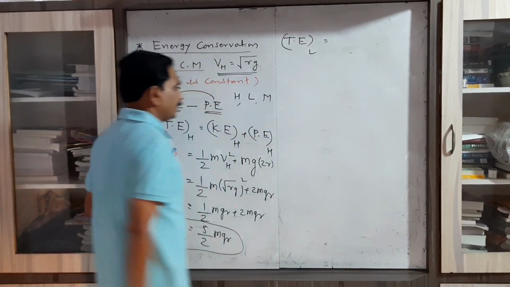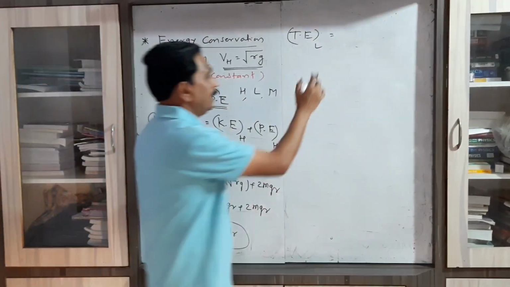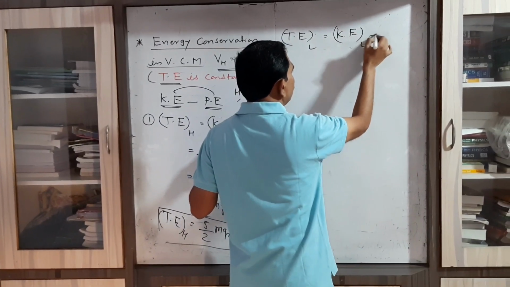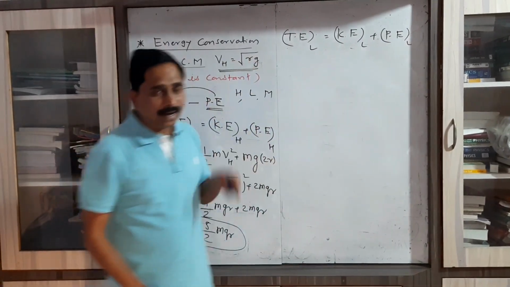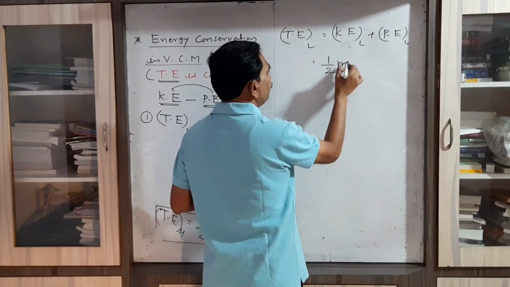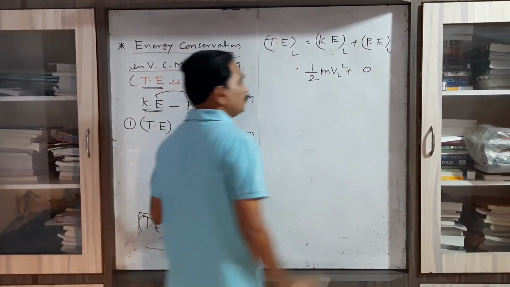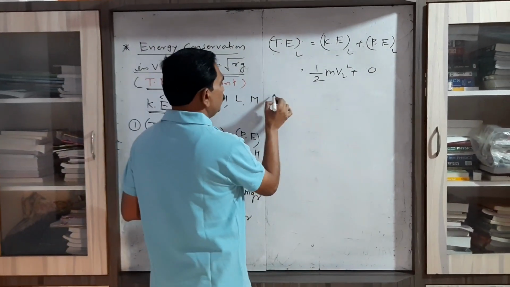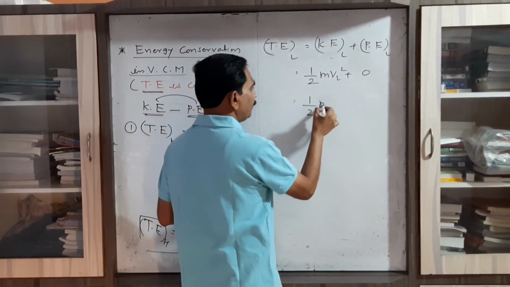Now consider the total energy at the lowest position. When we consider the total energy at the lowest position, again it is the sum of kinetic energy and potential energy. Now kinetic energy is half m vl square, potential energy at lowest is equal to 0 because the height is 0. So the total energy becomes simply the kinetic energy, that is half m.